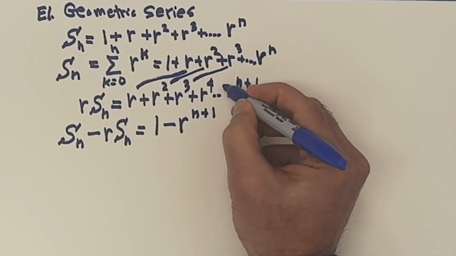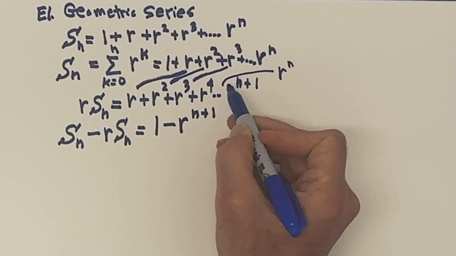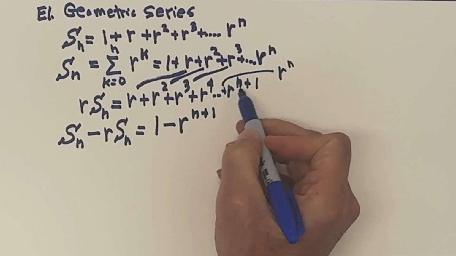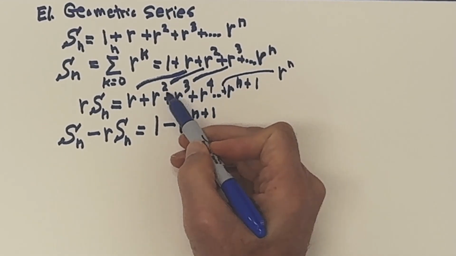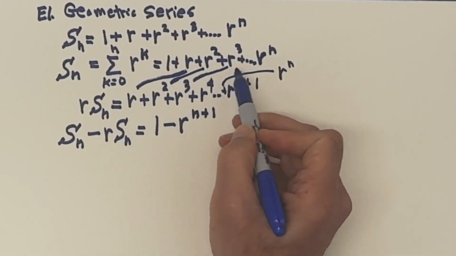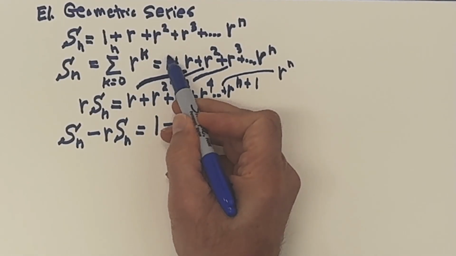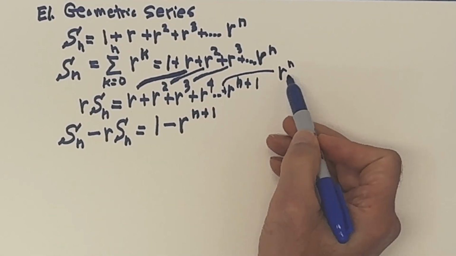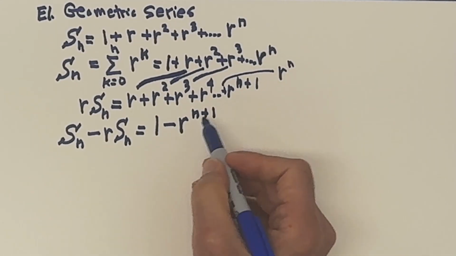You could say right here before we got there was an r to the n here, and then plus this one. So that r to the n cancels that r to the n. All the lower powers of r cancel, leaving the 1 by itself and the r to the n plus 1 by itself.